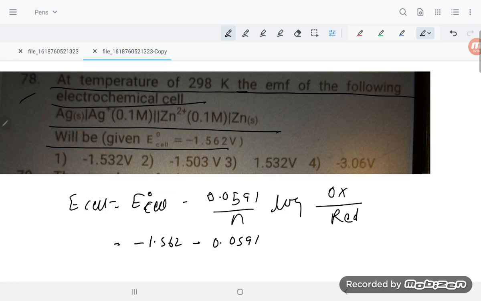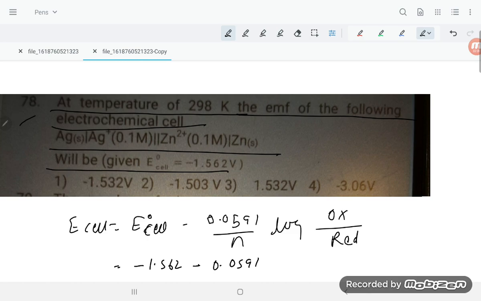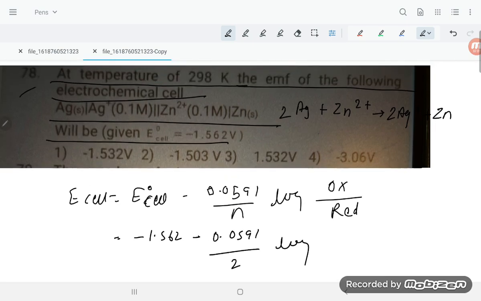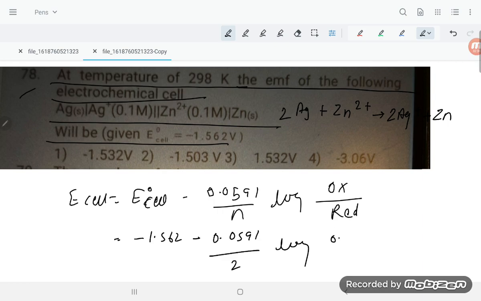It will be minus, and here is 0.0591 upon the number of electrons involved in this process, because Ag plus is converting, taking 2 Ag plus, it gives Zn 2 plus. So n is equal to 2. Log of oxidation upon reduction: zinc is oxidizing. No, zinc is reducing.